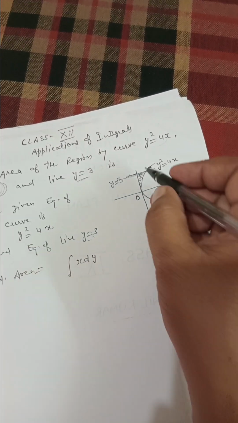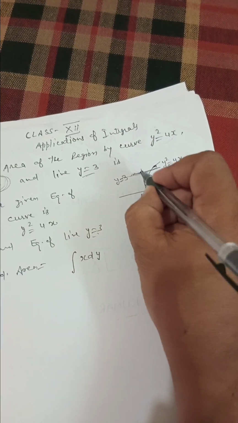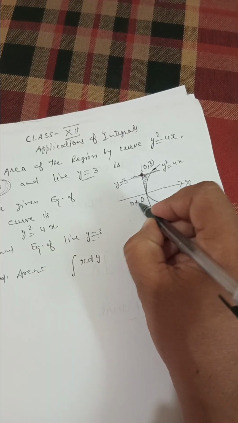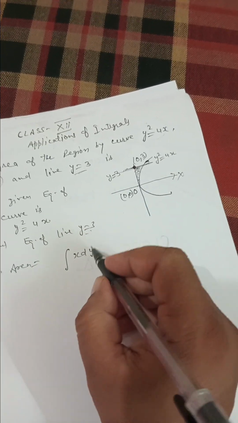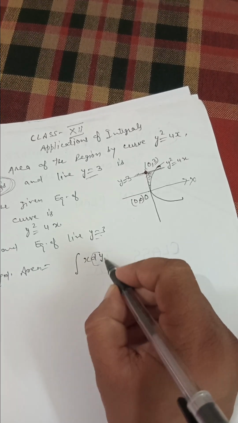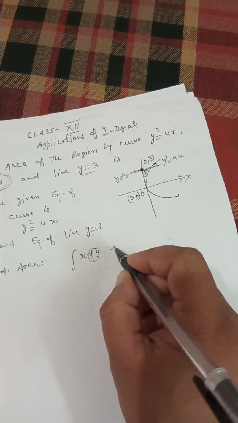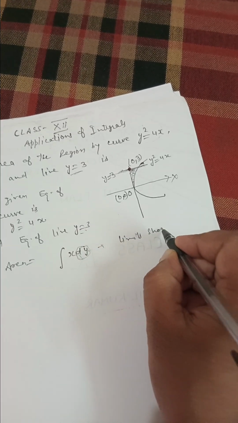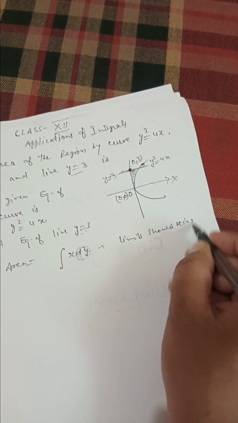And what are the limits? At the point y equal to 3, and at the origin, coordinates 0, 0. Because we have to find the area with respect to y, the limits should be in y.